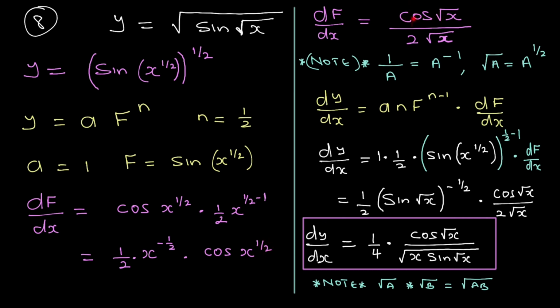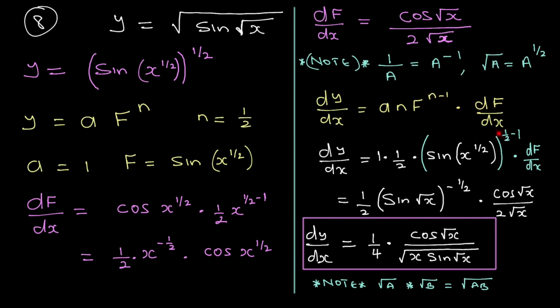So that's why you've got cos root x, divided by 2, this is that 2, and x to the power minus a half is 1 over x to the power of a half, which is 2 root of x.